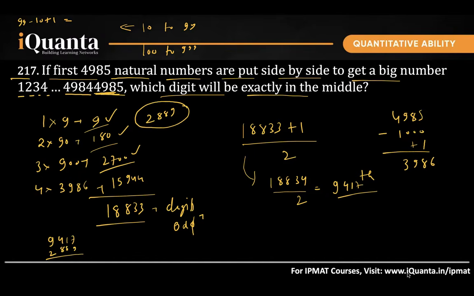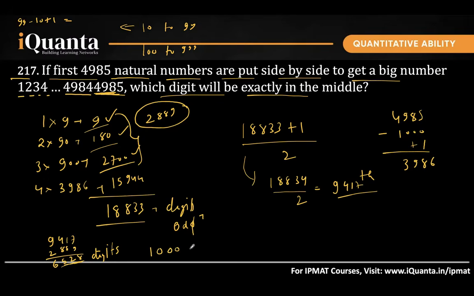What will this give you? This will give you 6528 digits. These many more digits I need, but now they will be starting from four digit numbers, okay? Because we have already counted all the digits till three digit numbers.